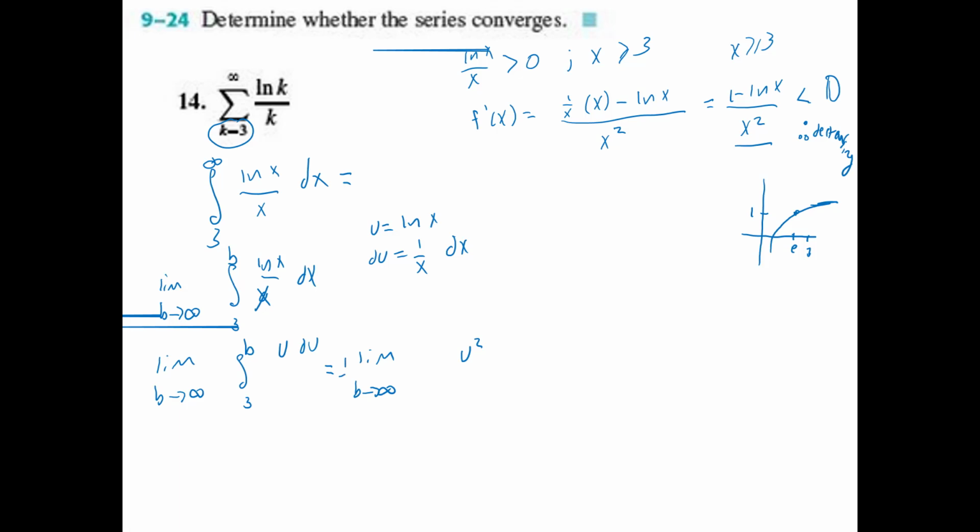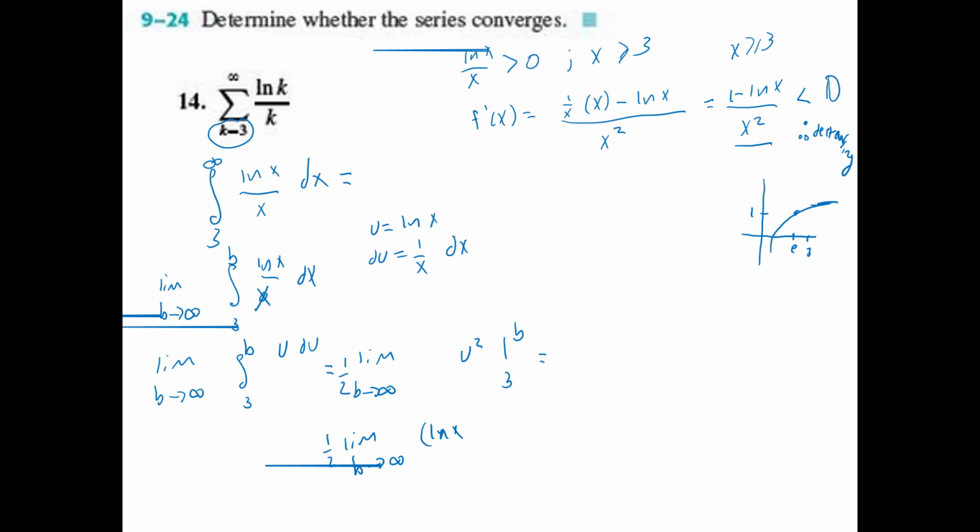We can bring out the 1/2 over here, evaluated from 3 to b. Okay, so then this is equal to 1/2 times the limit as b goes off to infinity of the natural log of x. I have to go back since I didn't change my limits of integration. I have to go back to x.